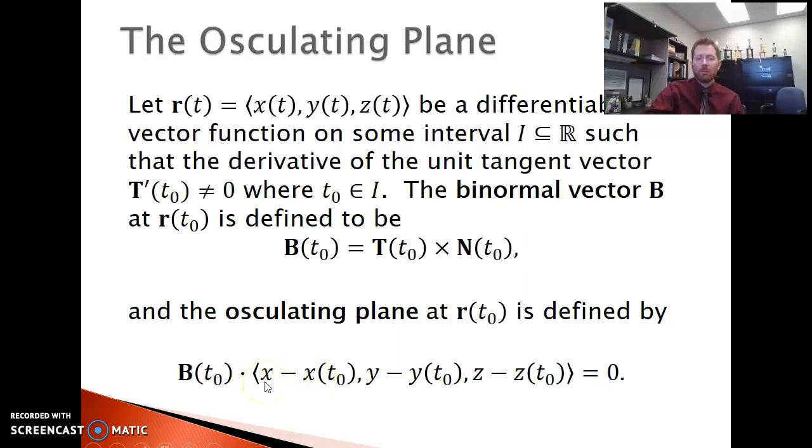If we take a general point x, y, z, and go from that point to the point P sub 0 or r of t sub 0, which has the coordinates x of t sub 0, y of t sub 0, and z of t sub 0. If we subtract the general point x, y, z and the specific point r of t sub 0, you would get this vector produced. And then if we multiply it by A, B, C, the components of the binormal vector, we would be doing that dot product to produce the equation of the plane.